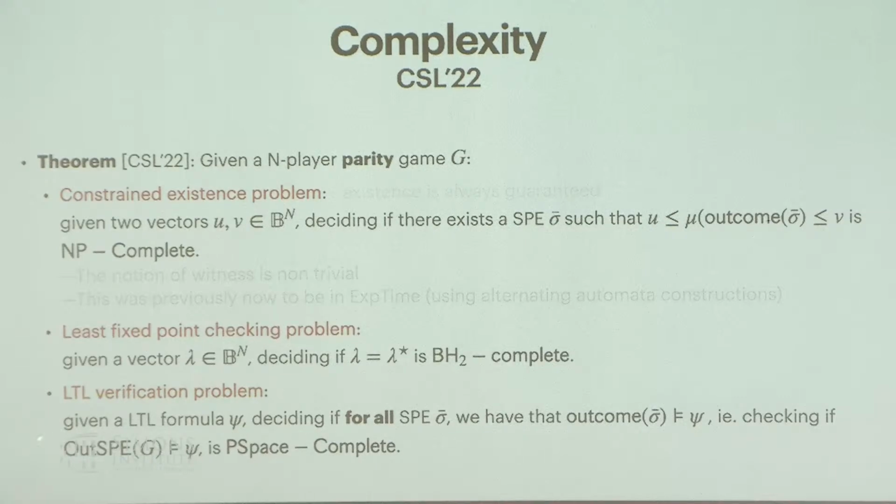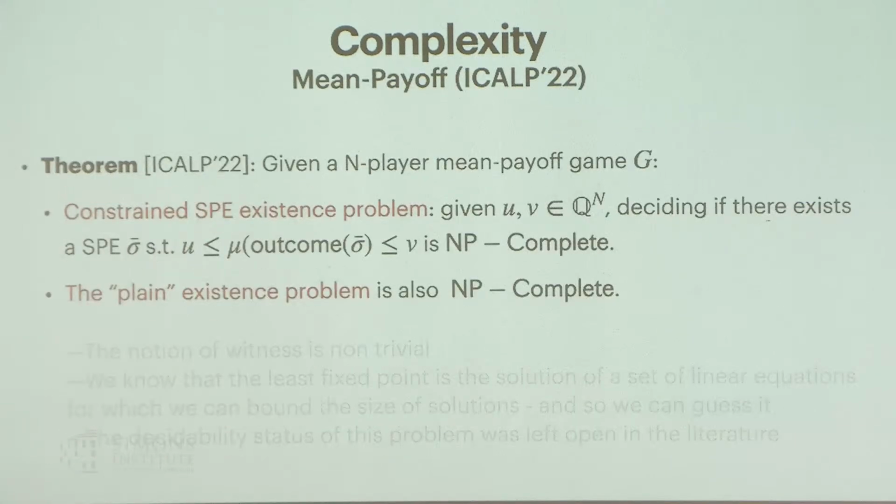And so we can, for example, verify in PSPACE that all those paths satisfy a given LTL formula. Okay, and for mean payoff, we have shown that this is also an NP-complete problem. So if I give you two bounds for two vectors of values, answering the question, does there exist an SPE which lies between those two bounds, is an NP-complete problem.